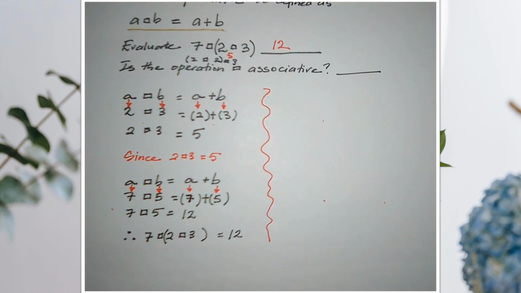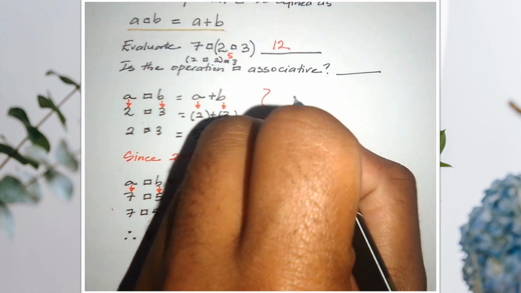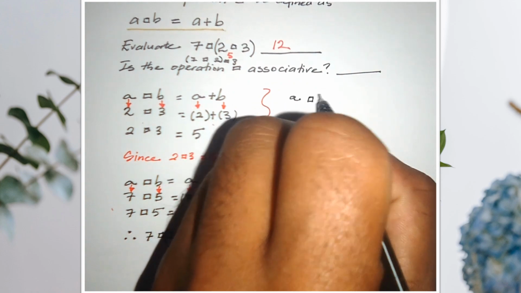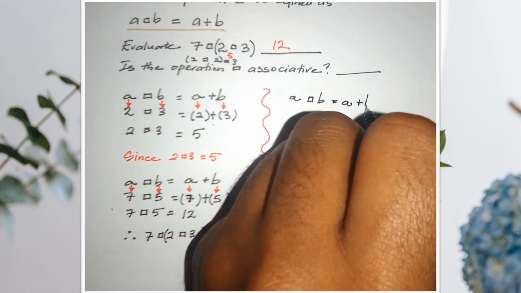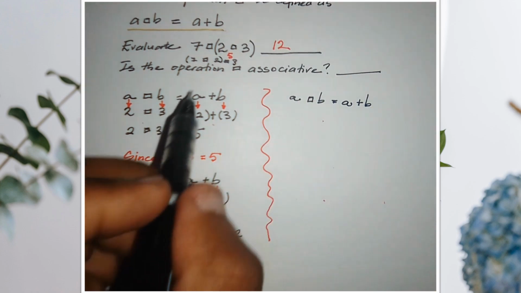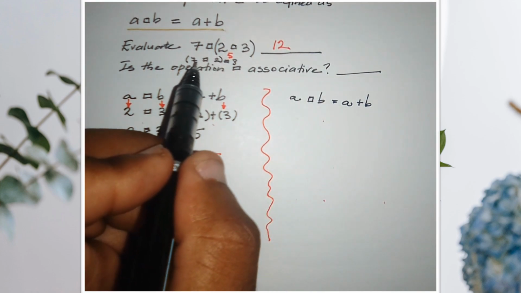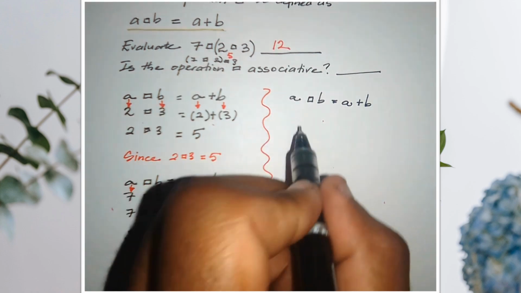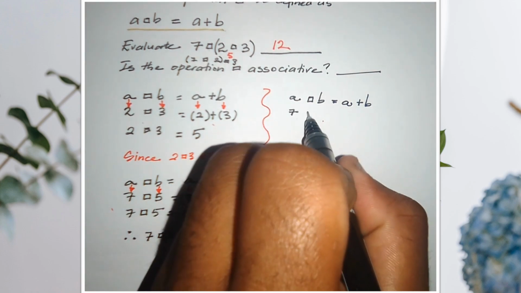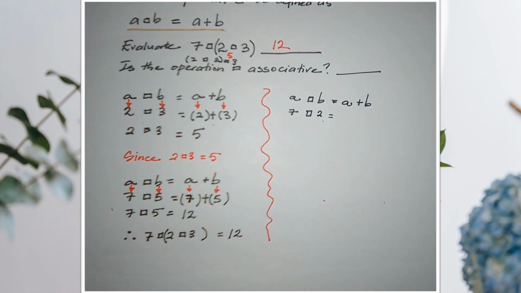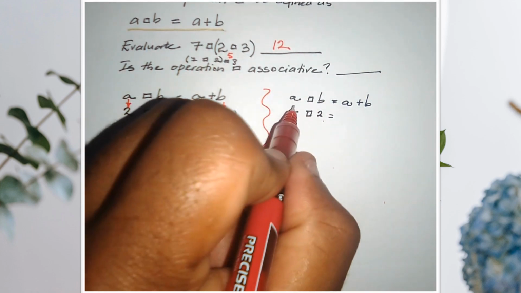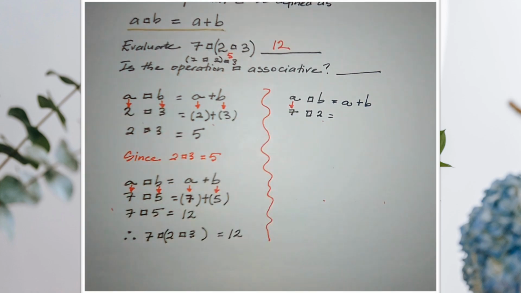Alright? So we're going to always have to start off with that original binary operation, which is A box B is equal to A plus B. And we're working with brackets first. So we're going to have that 7 box 2. So straight away we can see that the value of A is going to be 7.